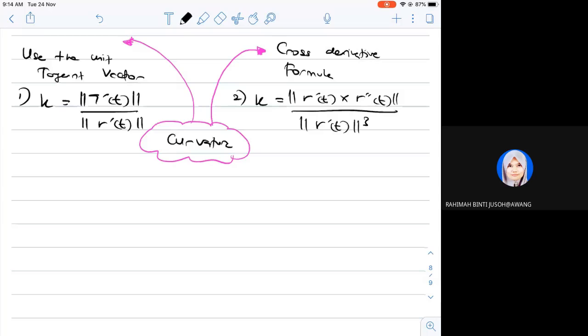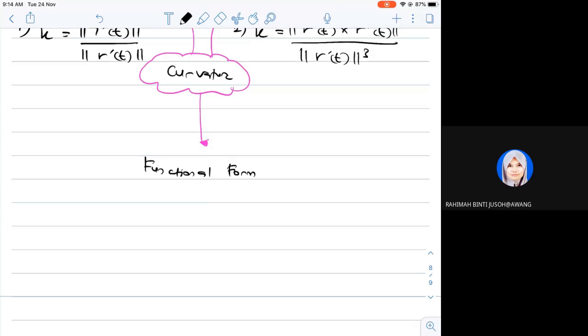And the third formula, we will have a functional form formula. Nama dia functional form. Dalam video saya, in my video in YouTube, I already explained about one example using functional form.